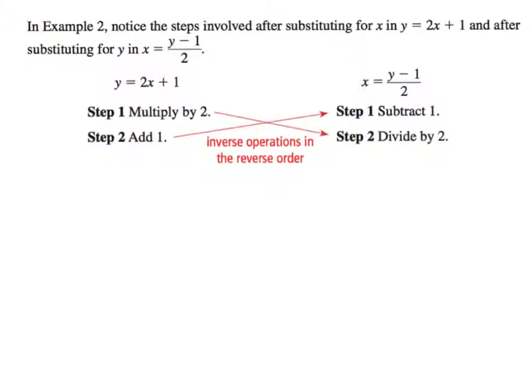So we went opposite. Notice inverse operations in reverse order. Subtract 1, then divide by 2. So here, what's happening to the x? You multiply by 2, you add 1. Here, you subtract 1 and divide by 2. So you're subtracting 1 from y, and then you're dividing by 2. So why is that important? It's important because you should notice that these steps undo each other.